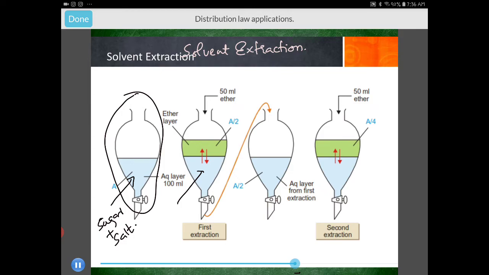You can open this knob and take out the solvent which is there at the bottom level. So you will be taking out the water.